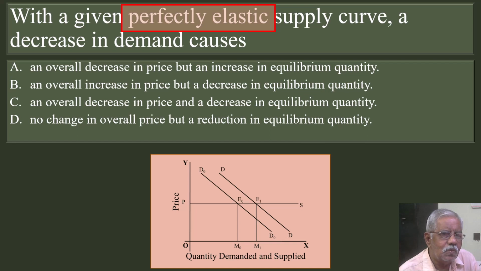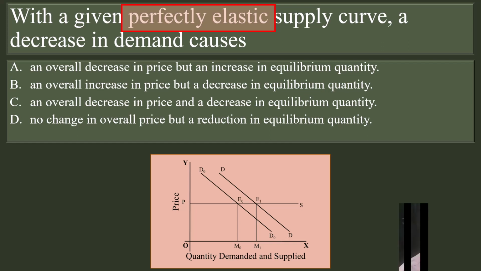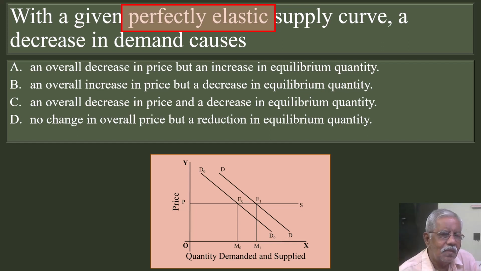These are the two words I have inserted in the question. With a given perfectly elastic supply curve, a decrease in demand causes. The option we have chosen for the previous question cannot be right. We have to seek a new option, or we have to search for the correct answer.